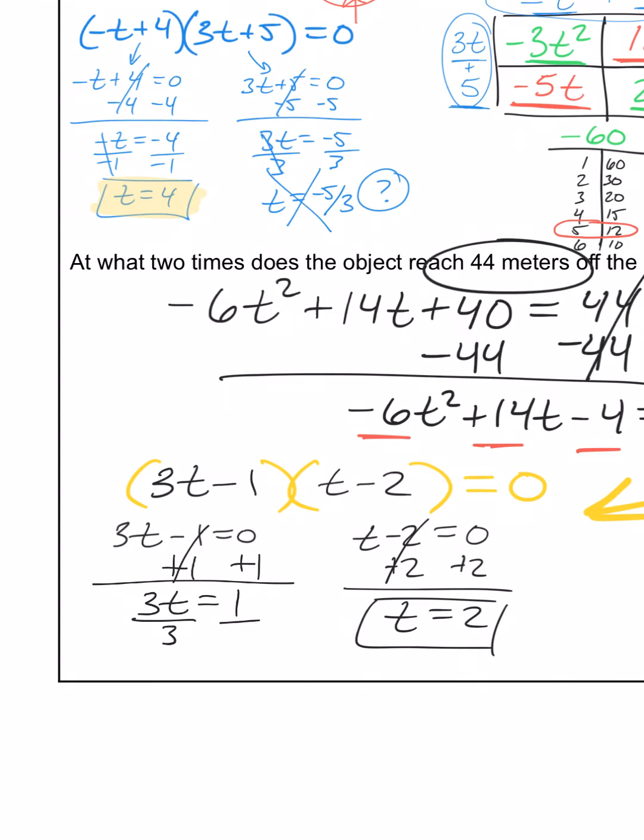We add 1 and then divide by 3. Here's the second solution. After 1/3 second, the cannon is 44 meters off the ground. So again, these are in seconds. I might want to put the unit next to it. Seconds.